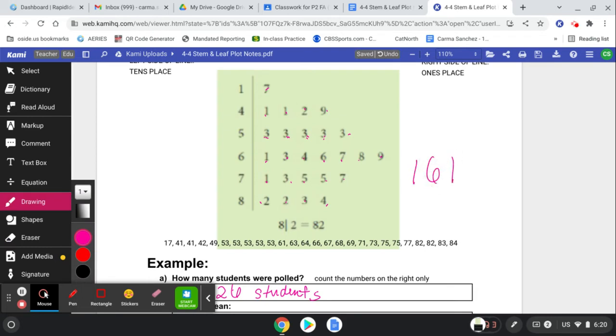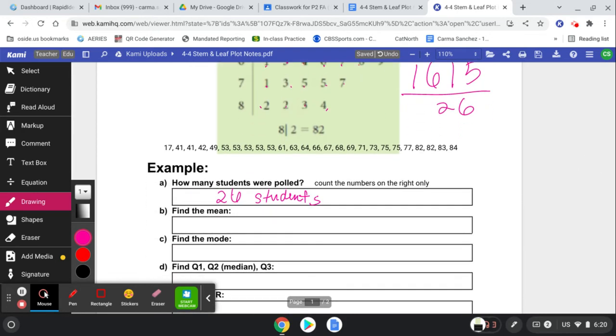Does that sound better? I hope somebody added it for me just to double check for me. Okay, 1615 divided by 26 is going to give me my mean. And it comes out to 62.12 if I'm rounding. That means that's my average.